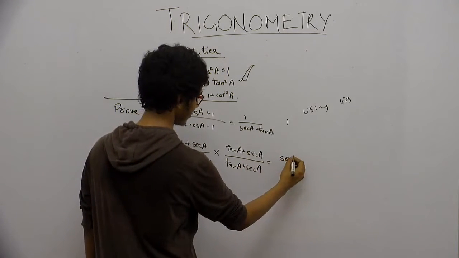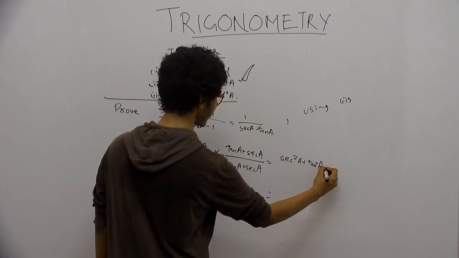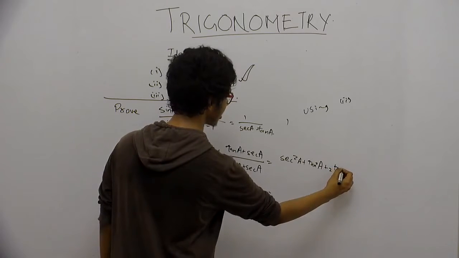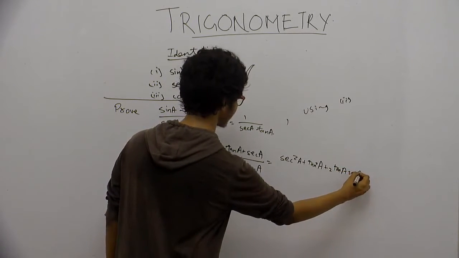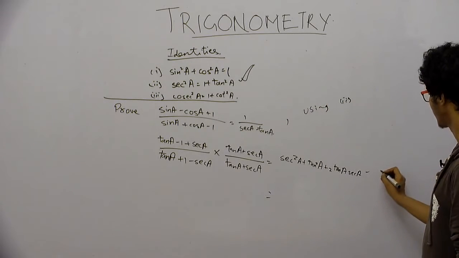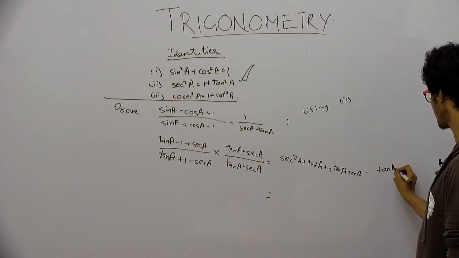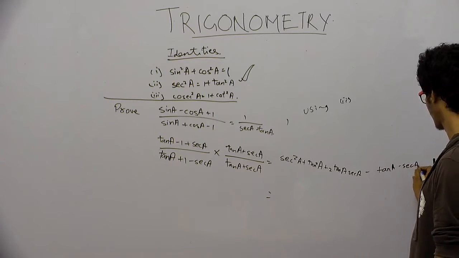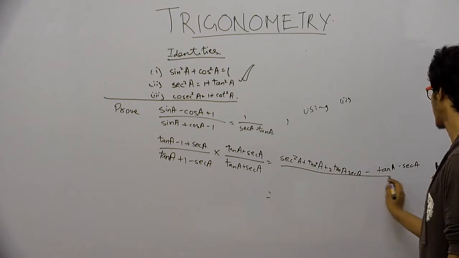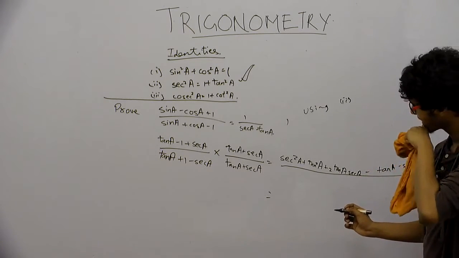Let's just write this down: sec square A plus tan square A plus 2 tan A sec A, and we get here minus tan A minus sec A, divided by, we get (tan minus sec) into (tan plus sec).